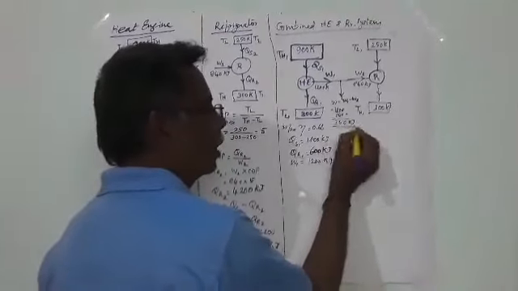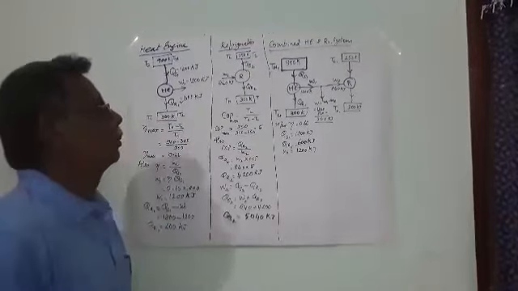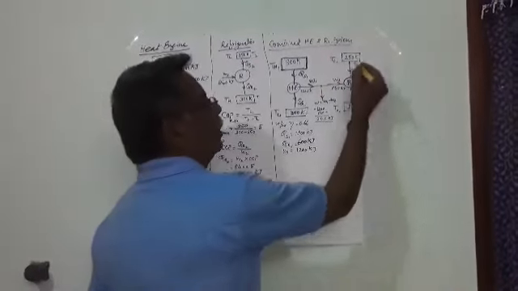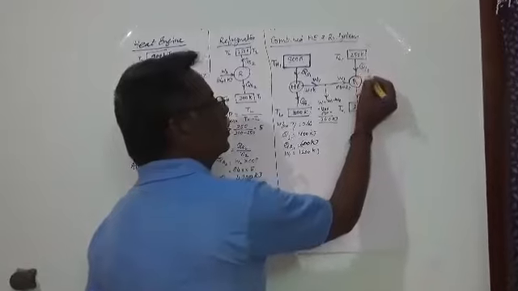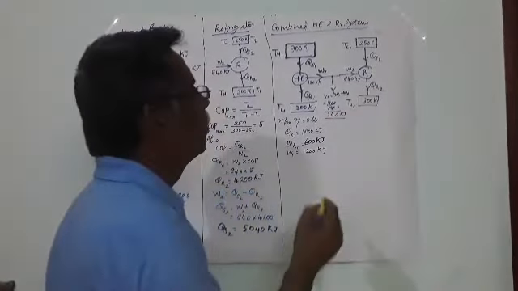So the net work output from the combined system is 360 kilojoules. So here QS2, this is QR2. So this is the combined system.